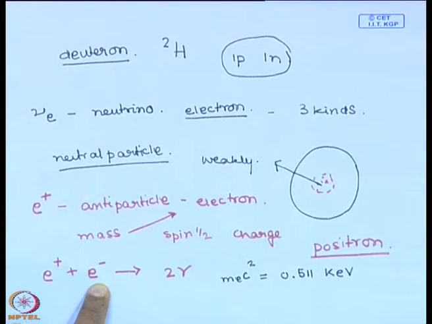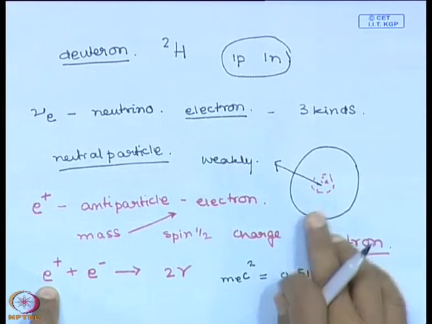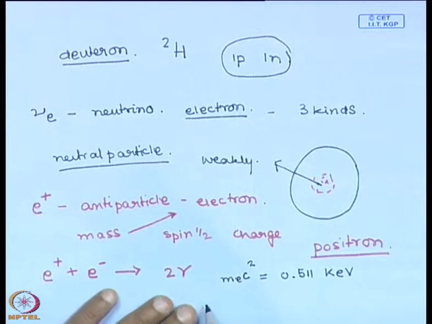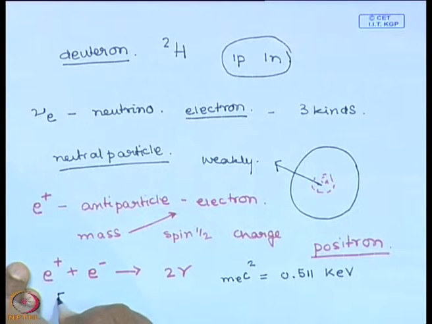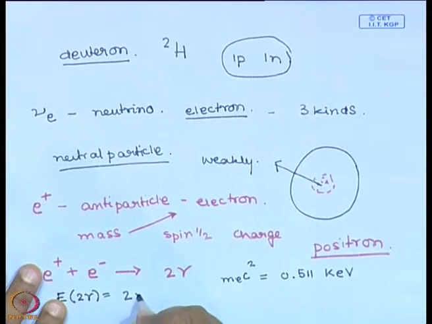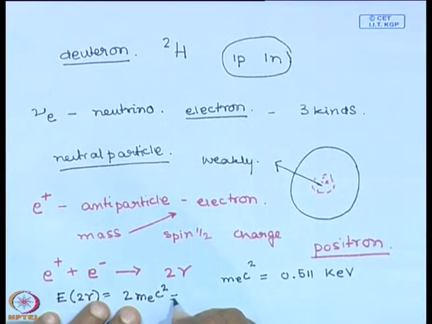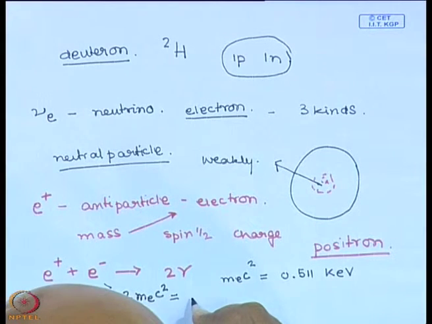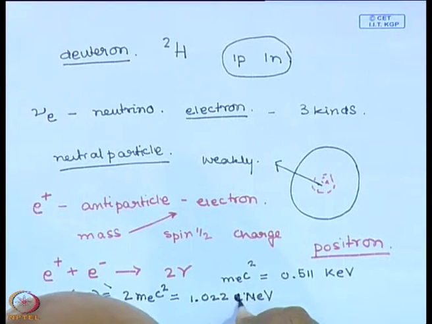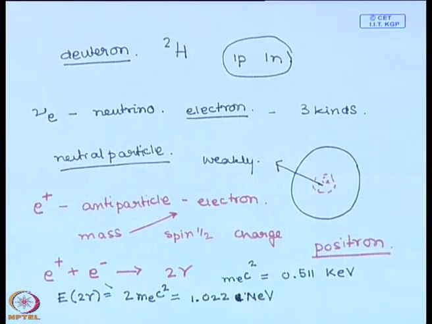So, it really does not contribute. The positron that is produced may have some kinetic energy. The energy of the 2 photons that are produced is roughly greater than or equal to 2 m_e c square, which is 1.022 MeV. So, these are gamma rays, 2 gamma rays are produced.